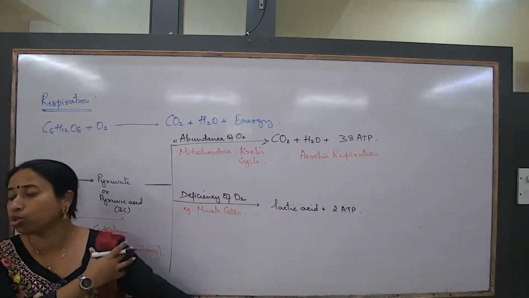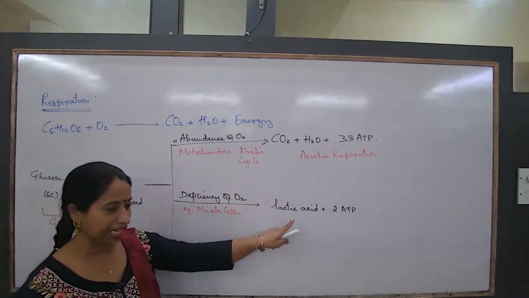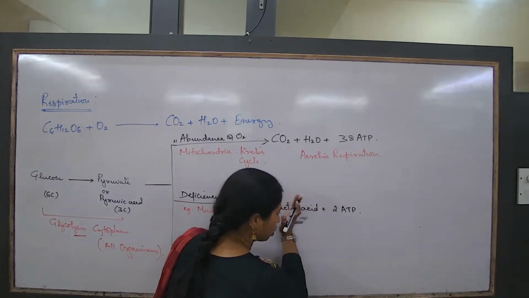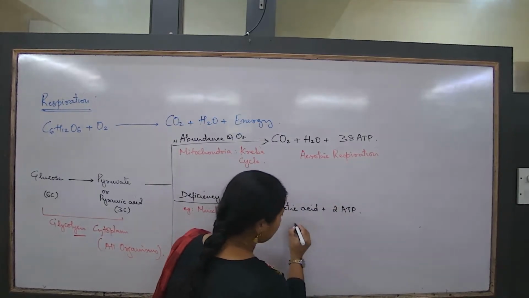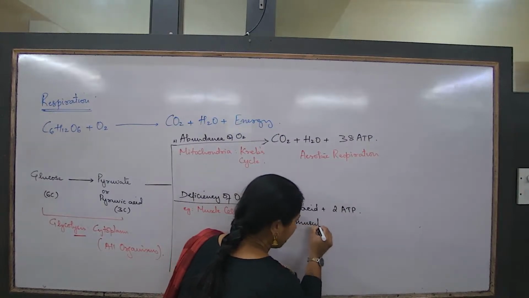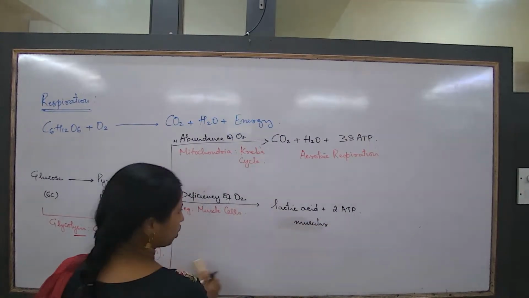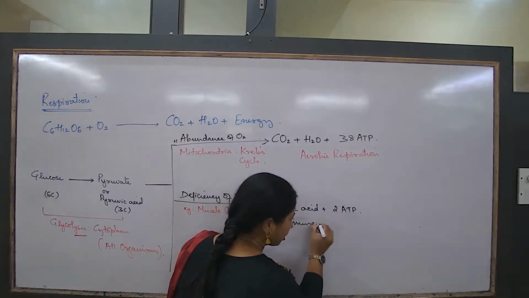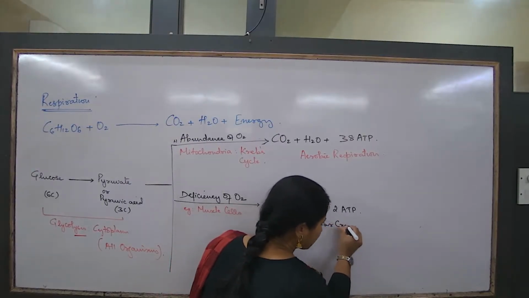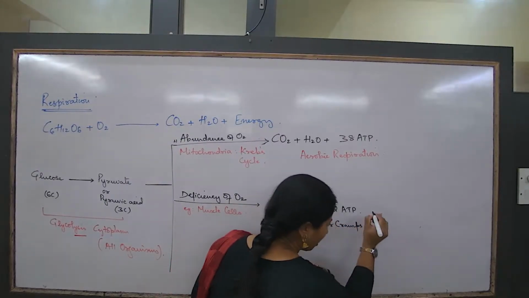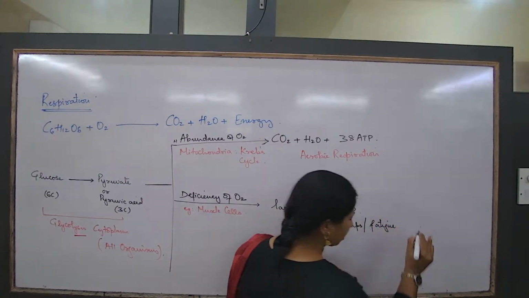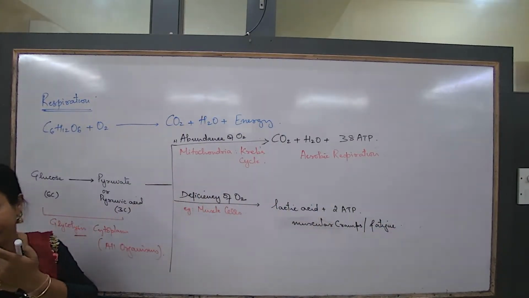Accumulation of lactic acid is what is responsible for muscle fatigue or muscular cramps. What is the meaning of fatigue? Tiredness. Muscle fatigue means muscular tiredness.